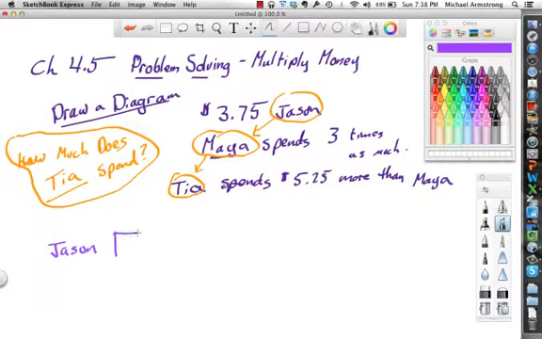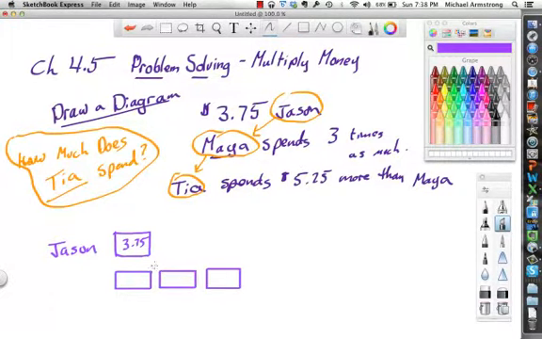Okay, he spends, and they put a little box around it, $3.75. And then it says that Maya spends 3 times as much. So basically, they grab Maya, and they give her 3 boxes that look like Jason's box.